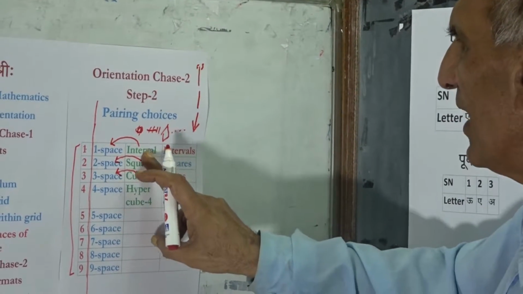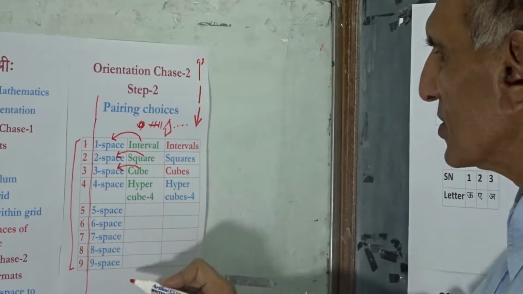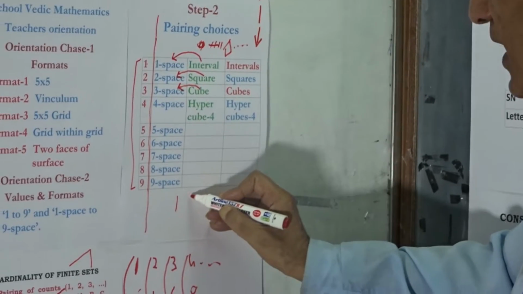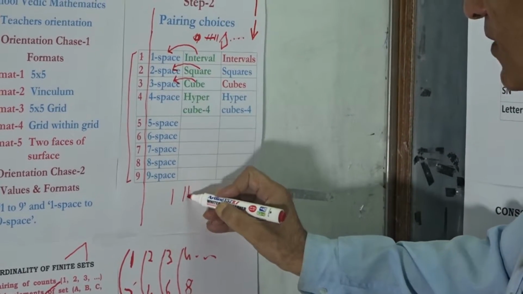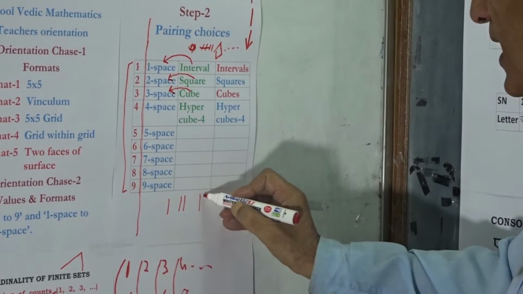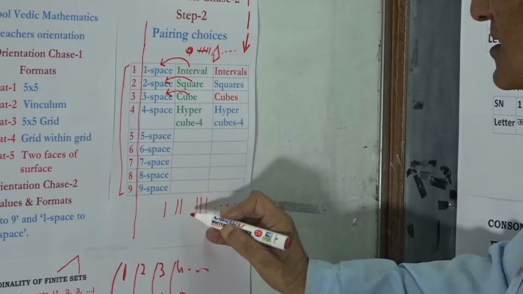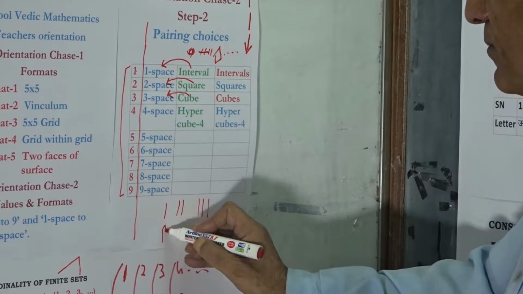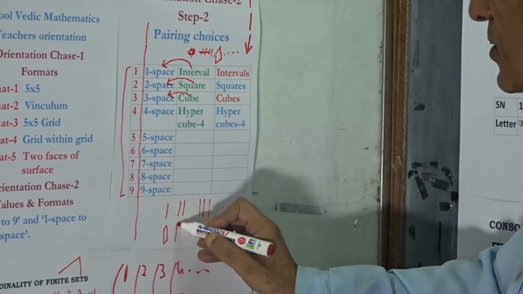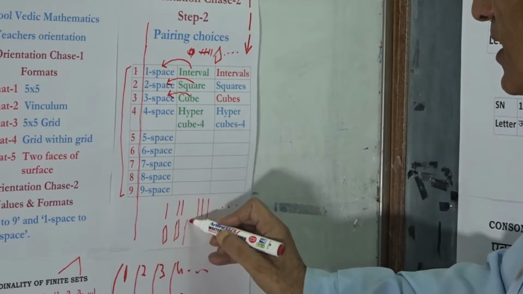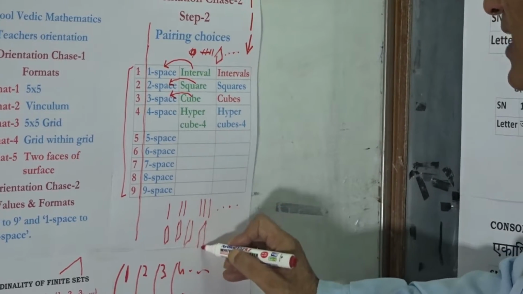Then when we have a large number of intervals, so similar things, if we are having one line, or a pair of lines, triple lines, or more number of lines. Instead of this, if we have one square, then a pair of squares, then triple squares, like that.